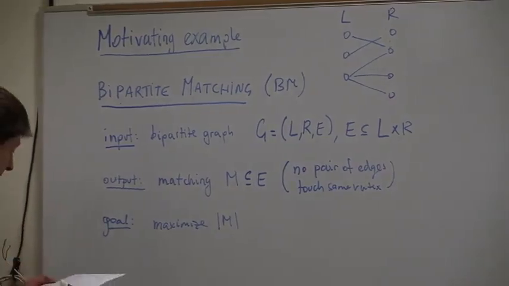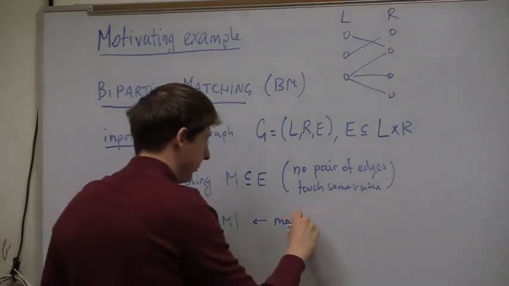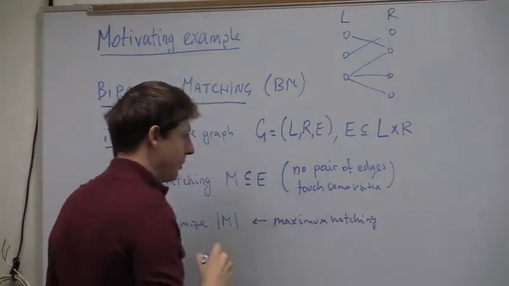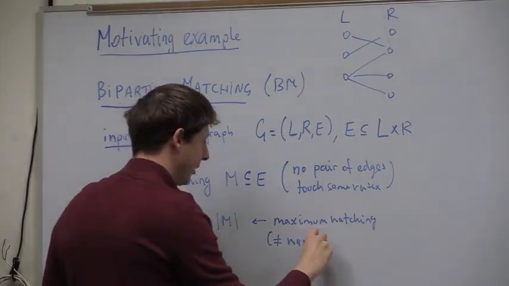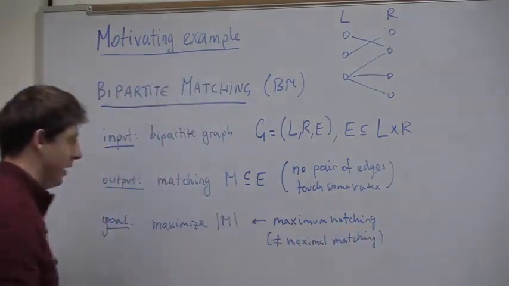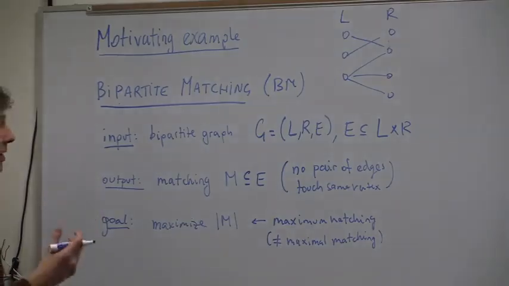Okay? So also I should say this is called the maximum matching, the absolute largest matching. This is distinct from a maximal matching, which is when you have a matching that cannot be extended further. So where does this problem come up? Maybe for example, you have some tasks and you have some processors.